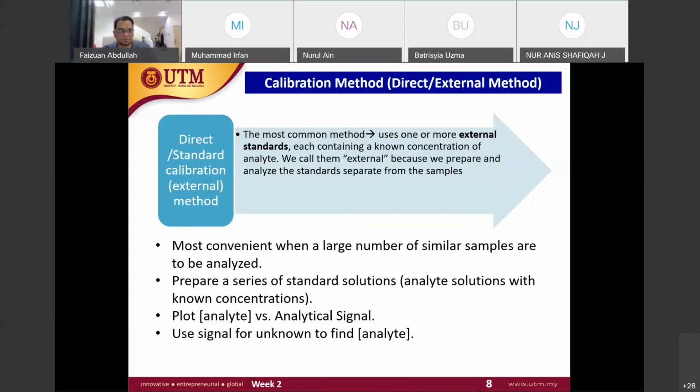So if you detect this kind of response, for example, in chromatography, that is the signal in the chromatogram, right? If you find this, then this is the concentration.